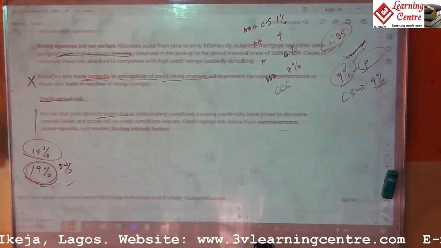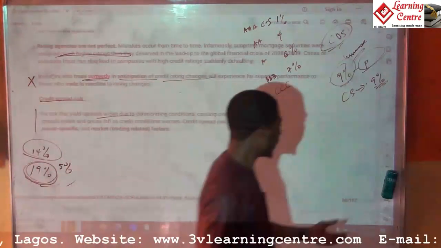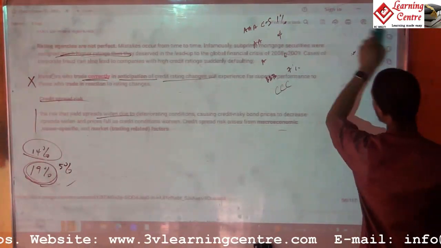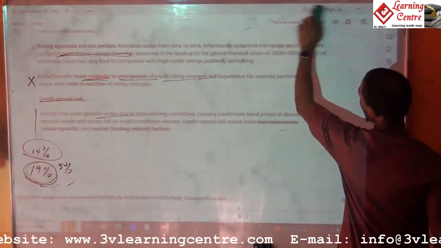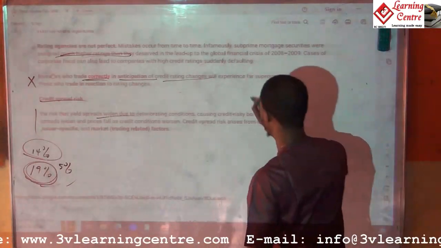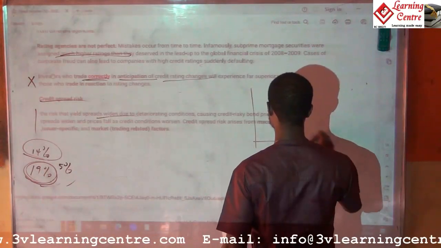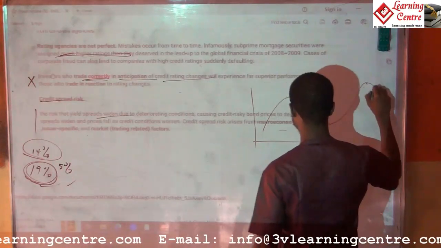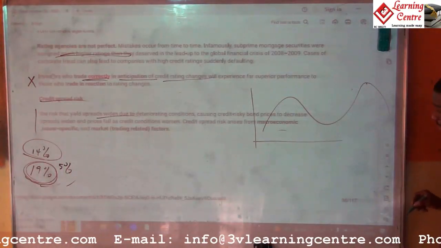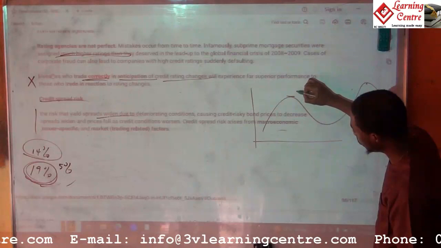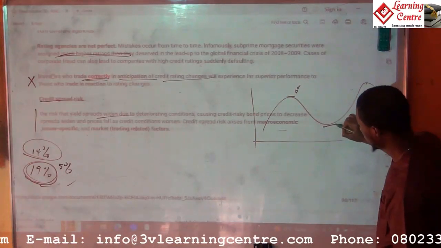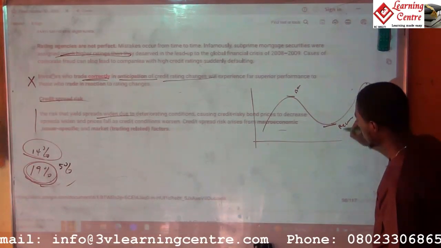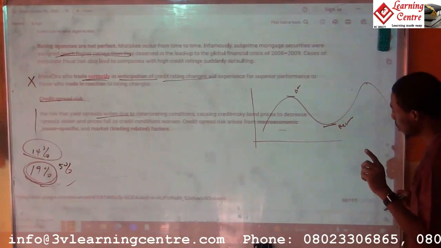When it comes to the credit cycle, remember your business cycle, which goes this way. This is where you have the boom, and this is where you have your recession. Same thing for the credit cycle.